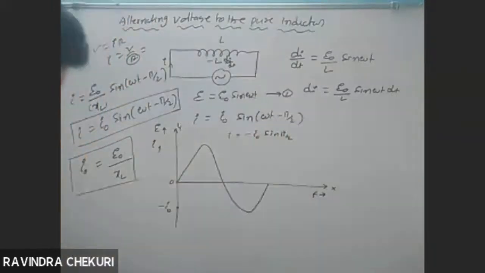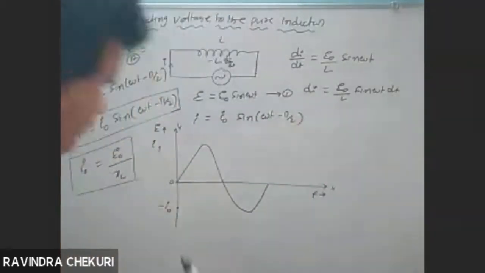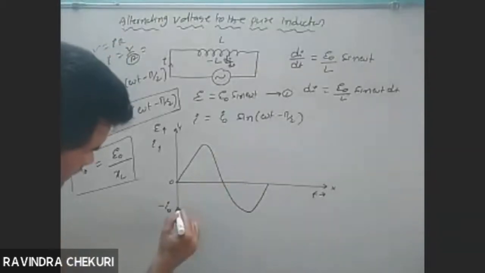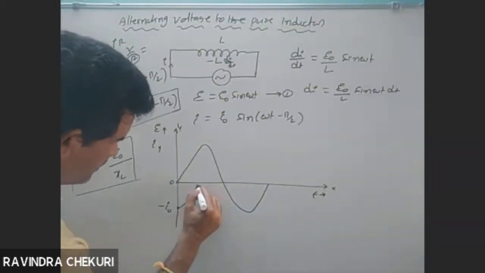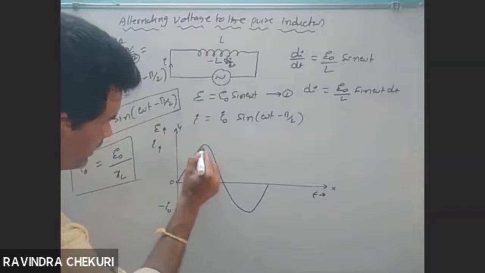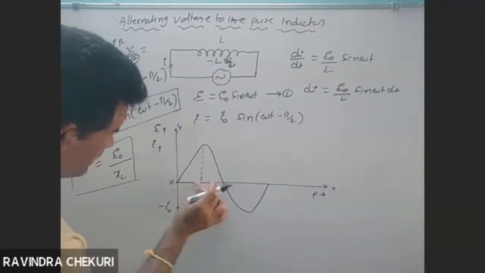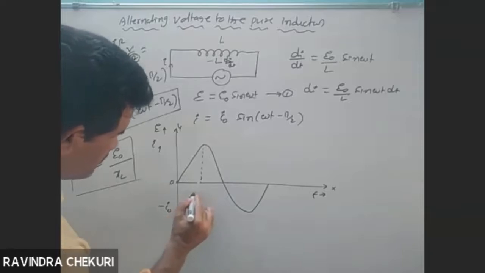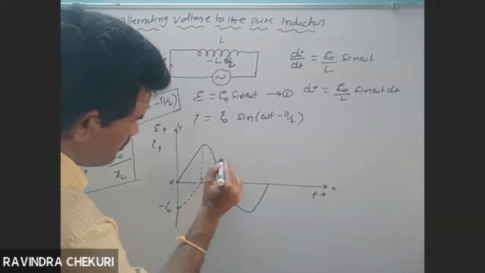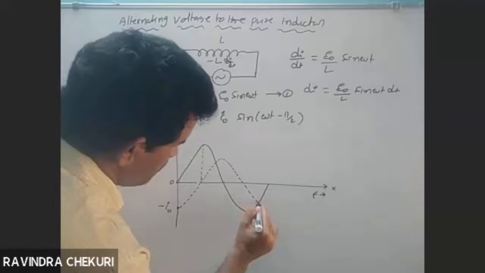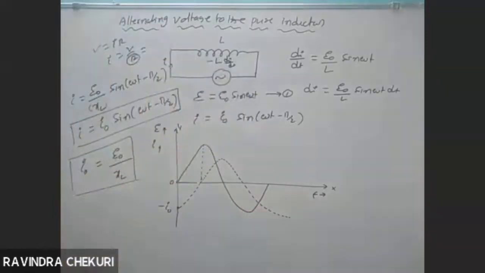And as time increases, what about the current? At t equal to T by 4, EMF is maximum, but here current is 0. So this is the situation.